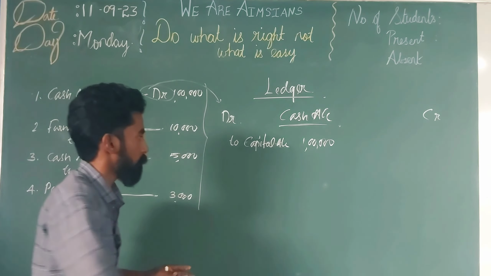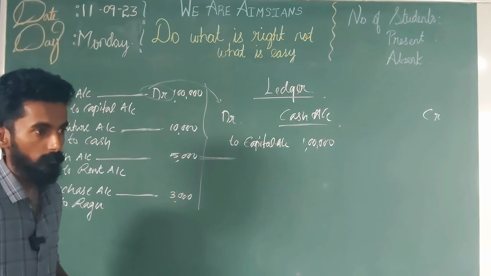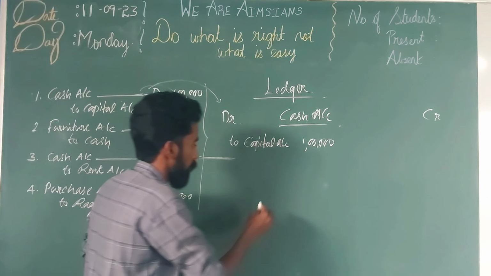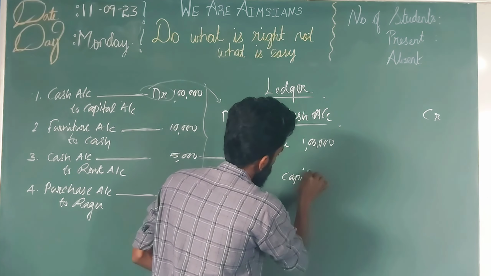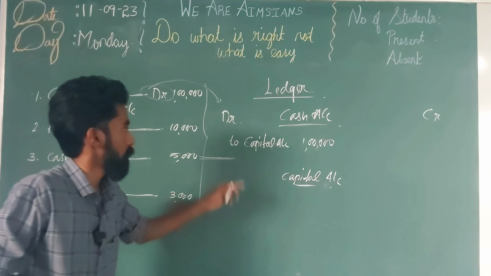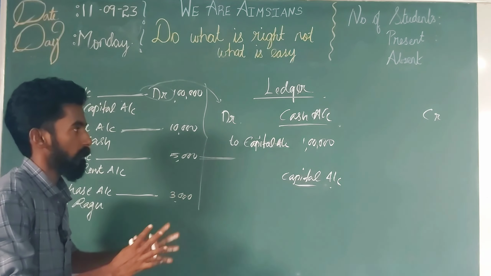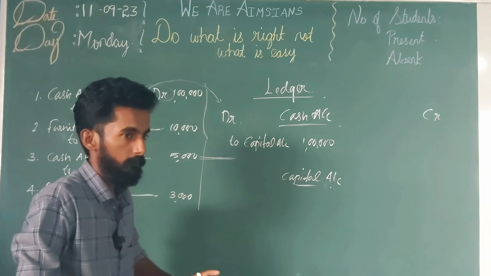Then the second treatment: the same transaction is going to affect the capital account also. So you have to prepare another account, that is the capital account, in the same format: date, particulars, JF, amount. For better understanding, we are writing only particulars and amount on the board.